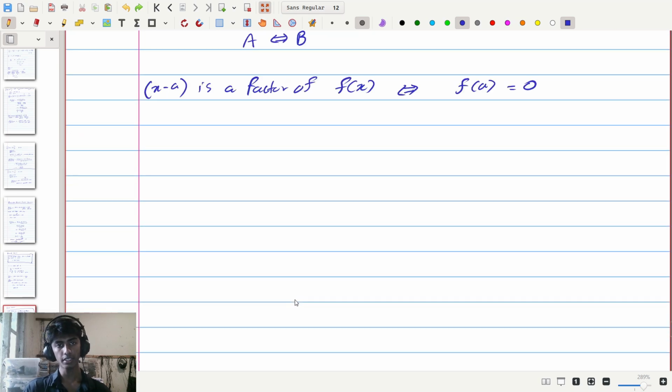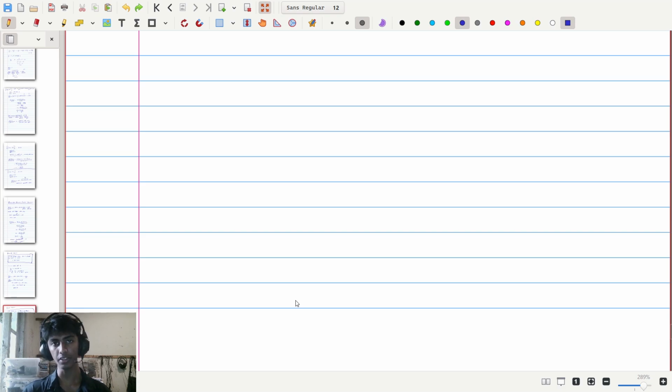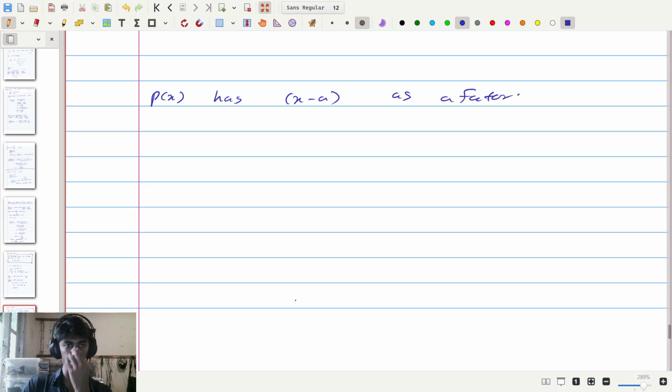And often in the exam paper there is a question based on this. They'll say something like p(x) has x minus a as a factor, and then they'll say something like given this fact and given that p dash x, the derivative of p(x), has x minus a as a factor.